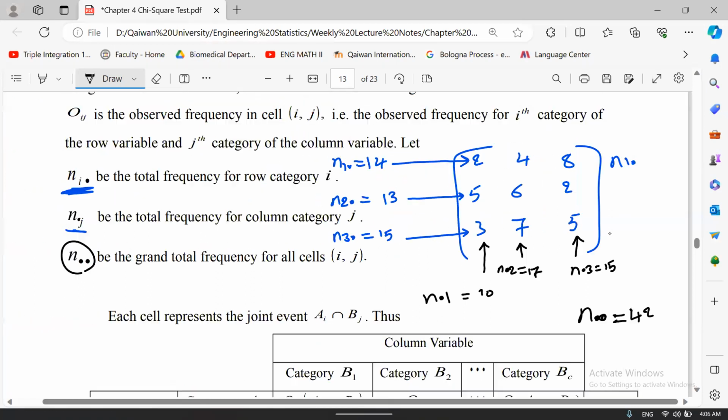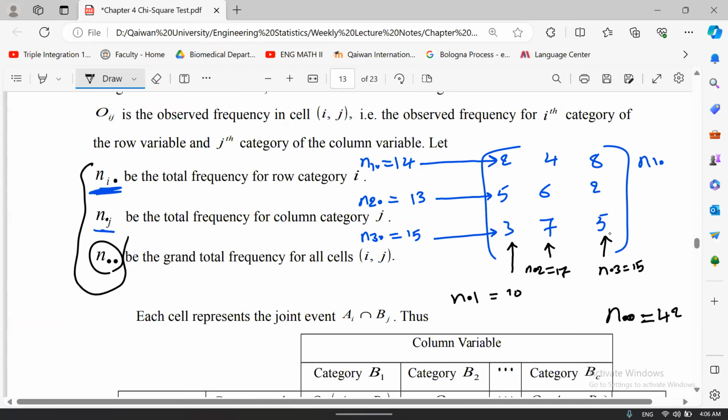This is how to find these 3 things. Based on these 3 things, we could find the expected frequencies. So the expected frequencies depend on only these 3 things: N i dot, N dot j, and also N double dot.